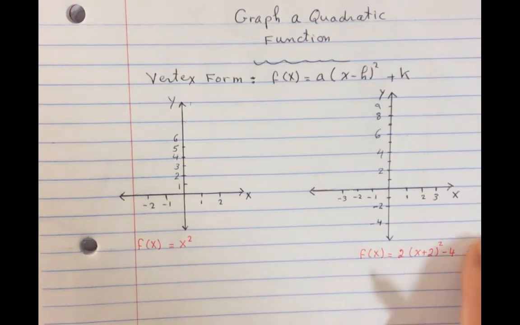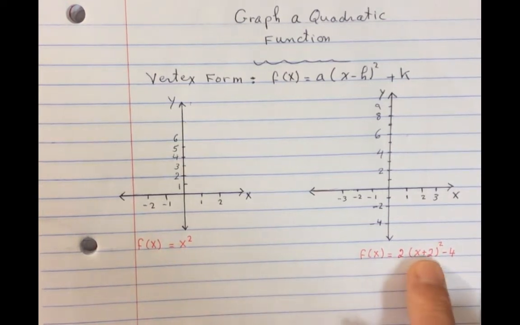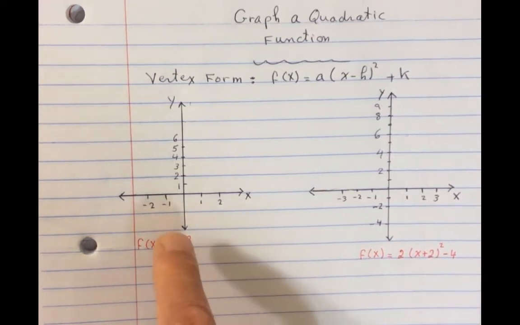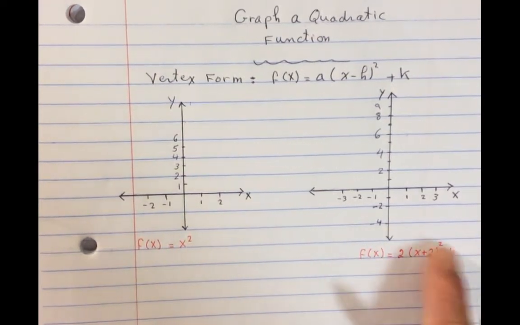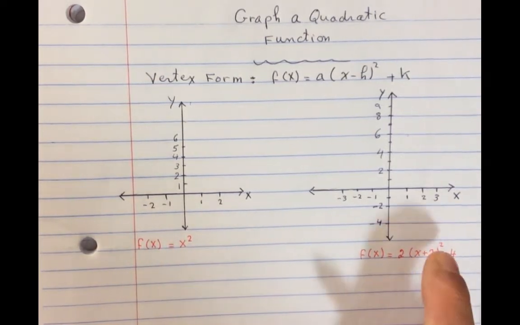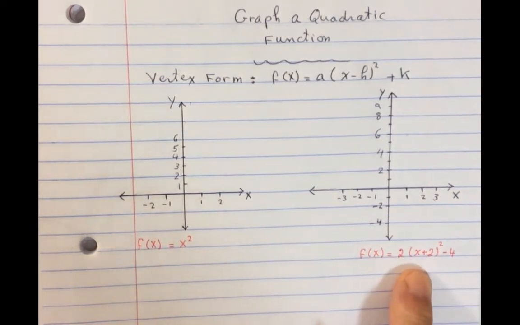So what is the parent function for this? 2 times (x minus 2) all squared, minus 4, x squared. But we're adding 2 to the x, and then we're multiplying that by 2, and then we're subtracting 4. So this is the parent function of this one. So by doing transformations to the graph of this, we can obtain the other graph.